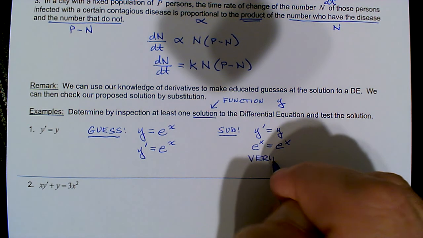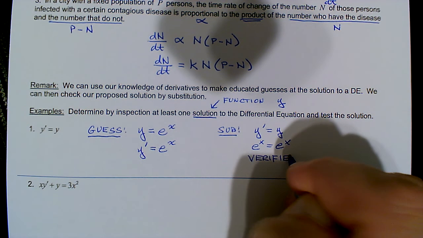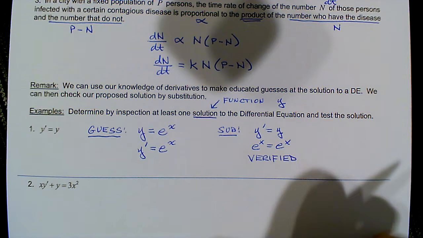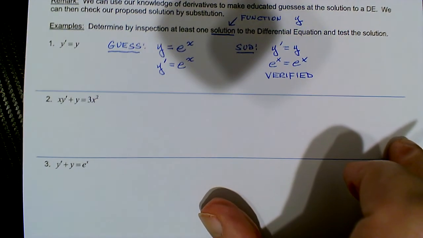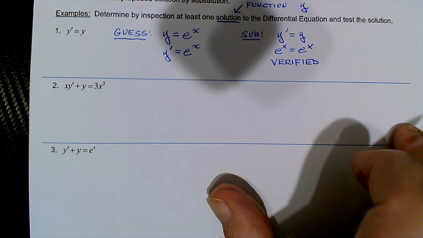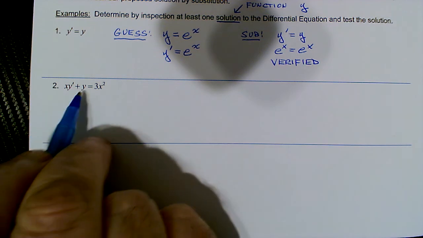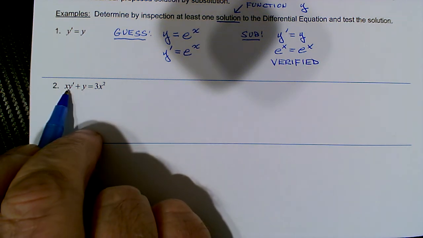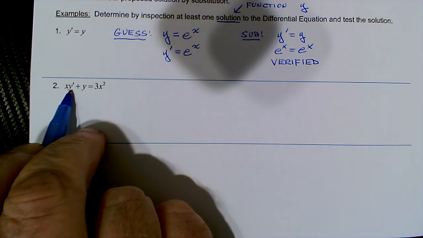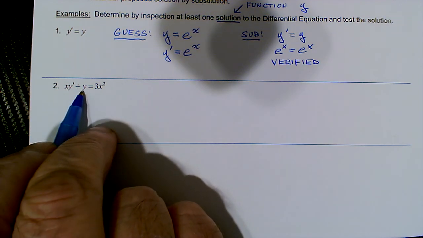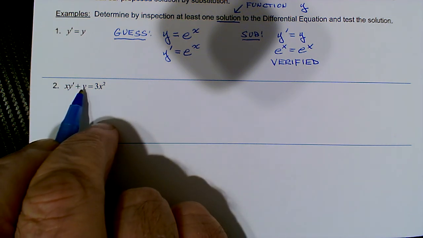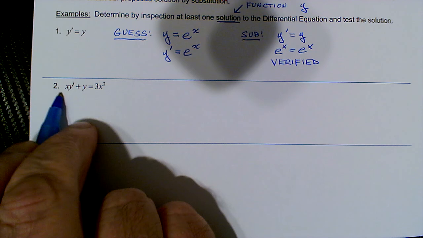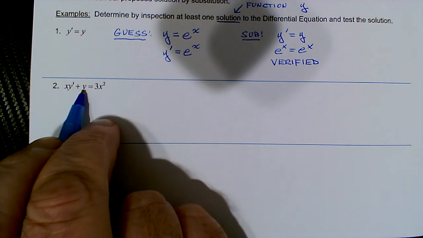Okay, now in the second example, we're looking for a function y such that x times its derivative plus that function gives us 3x squared. Well, if we're adding, let's say we don't know what this xy prime is, but we know the y does in fact have to be of degree 2.